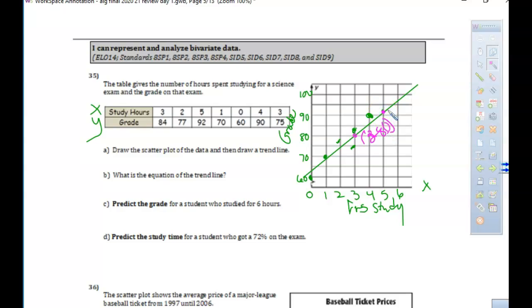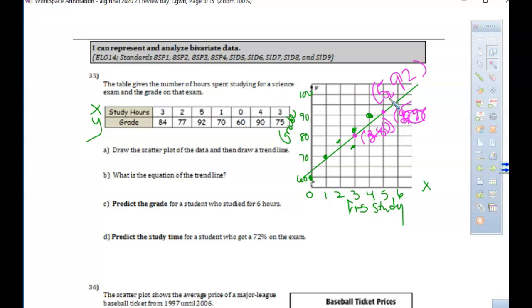So I'm going to use that point at 5 and 92. Okay, 5, 92.